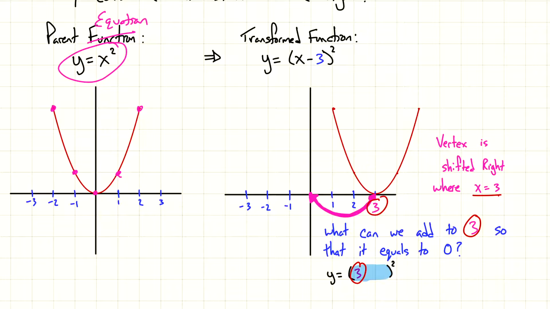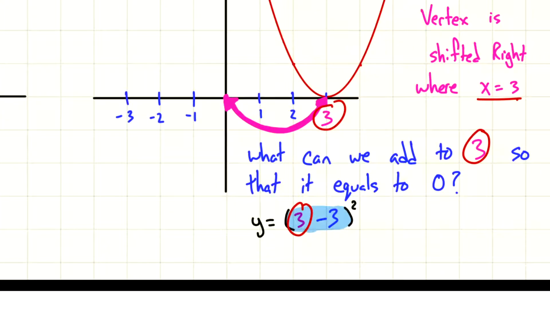What I want to know is, how do I get that back down to 0? The only option for us is to put a minus 3. So in order for this to work, this equation has to be x minus 3 squared.